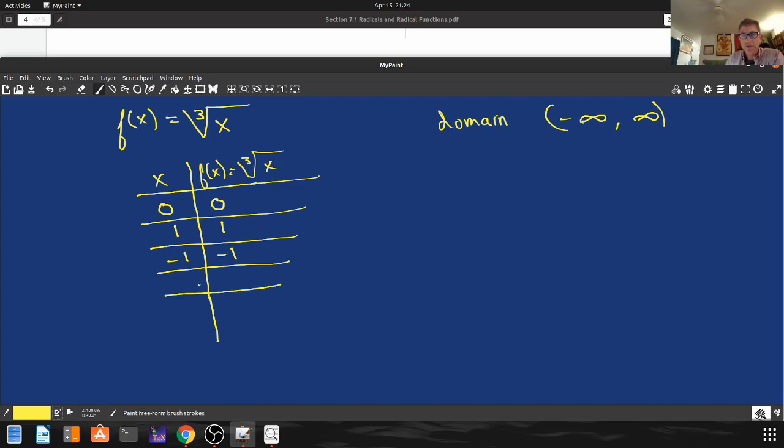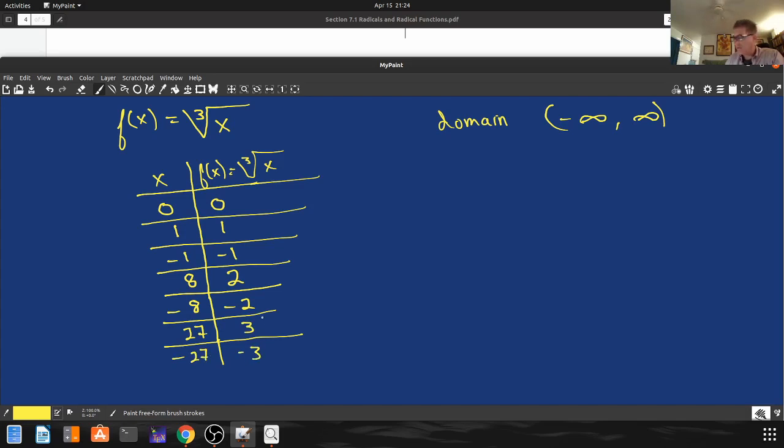So the next one is 2 times 2 times 2, which is 8. So if x is equal to 8, its cube root is equal to 2. If x is equal to minus 8, its cube root is equal to minus 2. Let's do one more. 3 times 3 times 3 is 27, and 3, and minus 27, and minus 3.